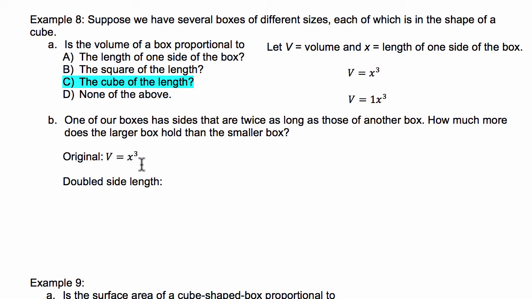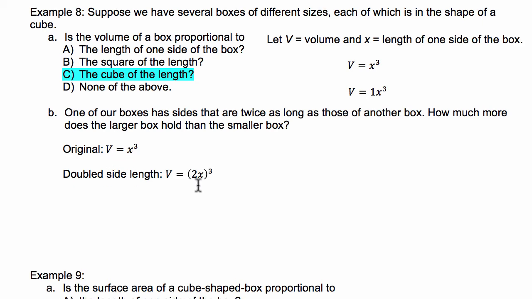Since one of our boxes has sides that are twice as long as those of another box, let's double the length of one side of the box and find out what effect that has on its volume. Once again, be careful just to double the length of the box and not the cube of the length. That is, we don't want to simply multiply x cubed by 2.